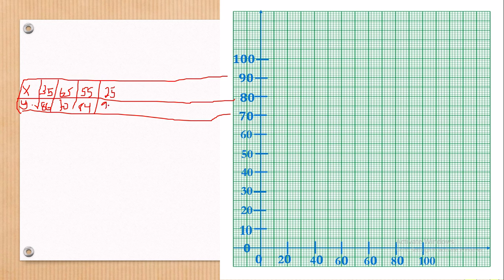Then we have 45 and 79. Okay, I'll put these ones. Yes, please, the values I'm talking of here are the ones we have in the table.